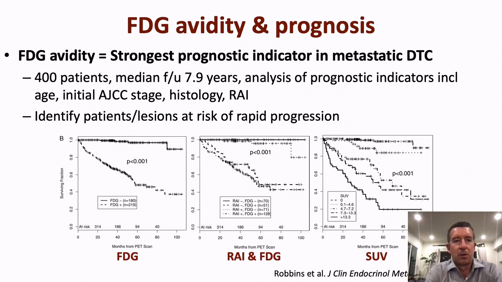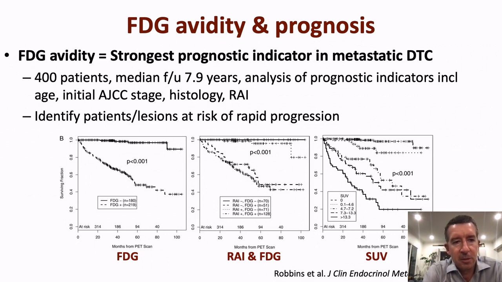And one of the key roles was shown in a study out of Memorial Sloan Kettering Hospital. It was a large study, although retrospective, in 400 patients with a median follow-up of nearly 8 years. It was an analysis of all known prognostic indicators, including age, initial AJCC stage, histology, use of radioactive iodine, and of course FDG PET.